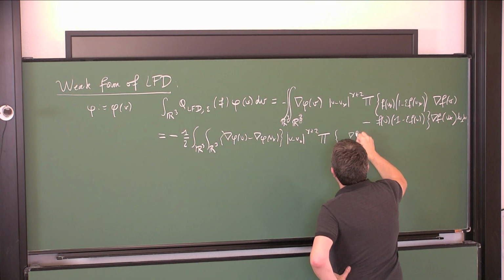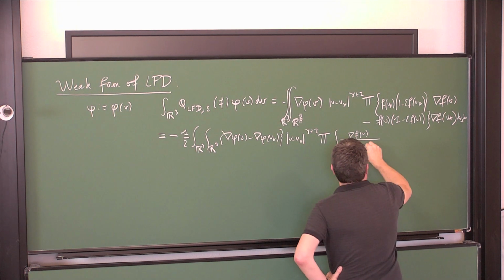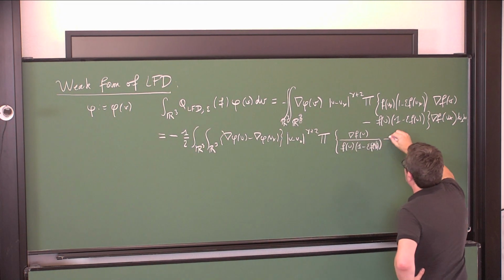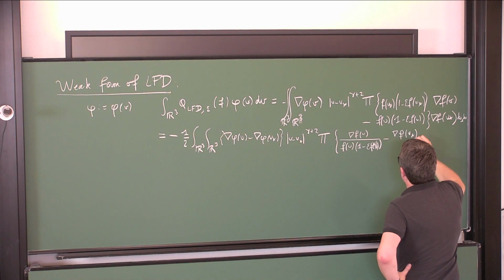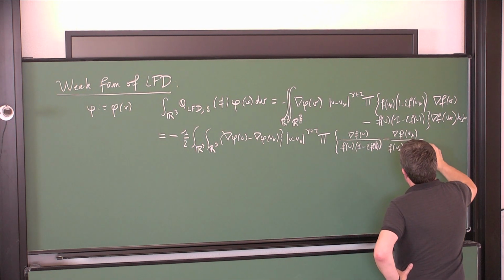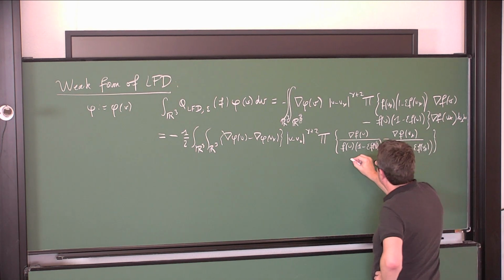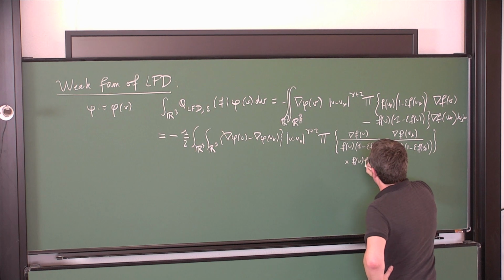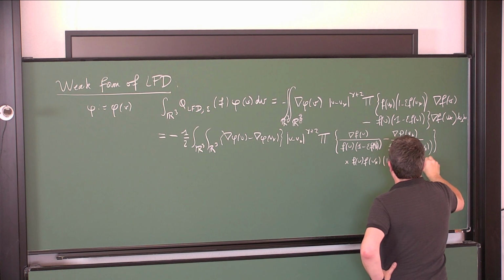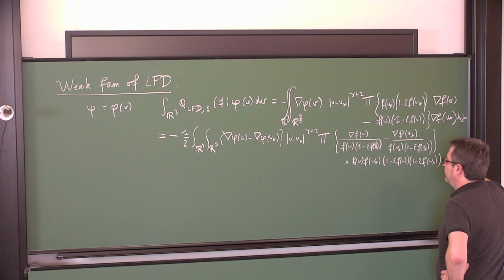So you end up with gradient f of v over f of v 1 minus epsilon f of v, like this, minus the same quantity taken at point v star, and all of this is multiplied by f of v star 1 minus epsilon f of v 1 minus epsilon f of v star dv star.